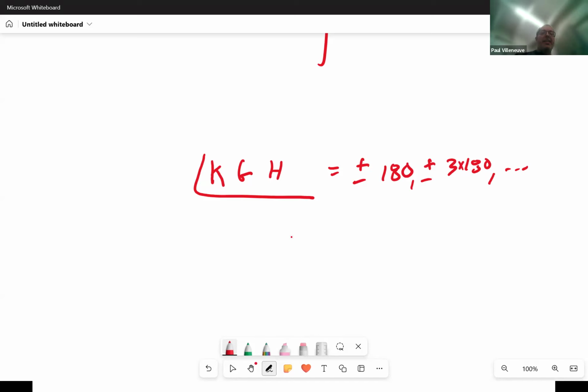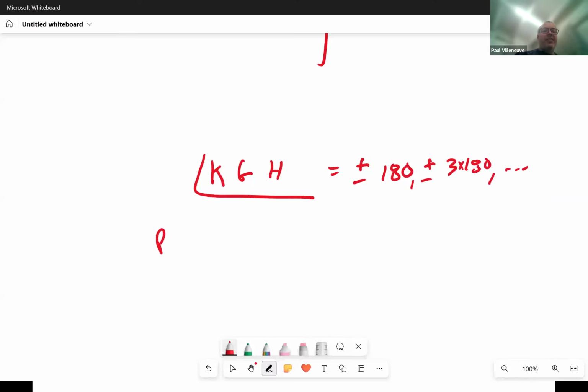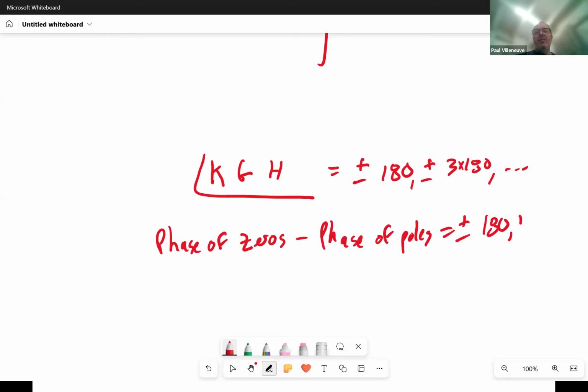I said that is the phase of the zeros minus the phase of the poles has to equal this, right?